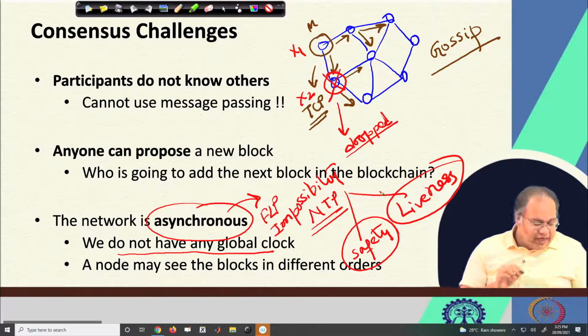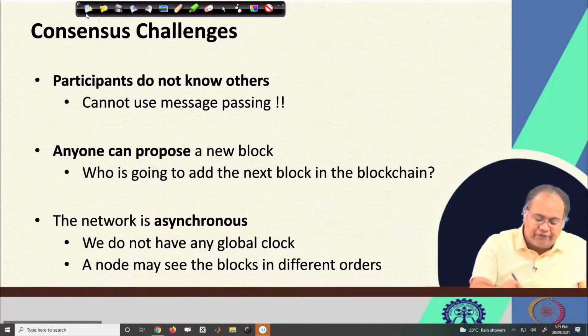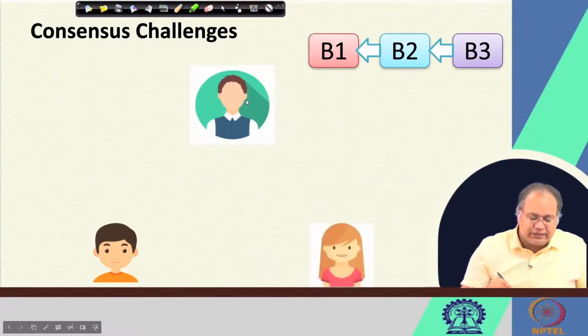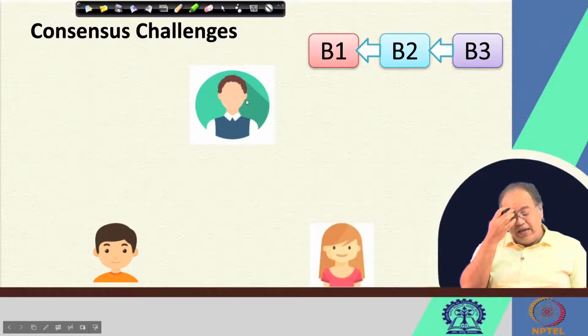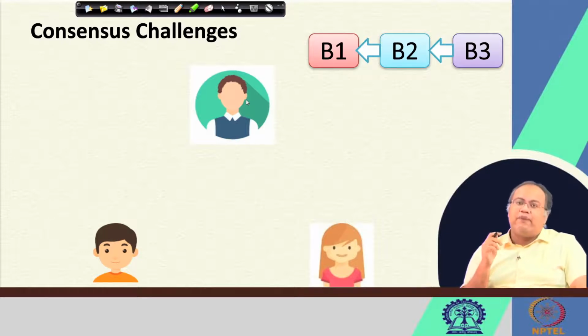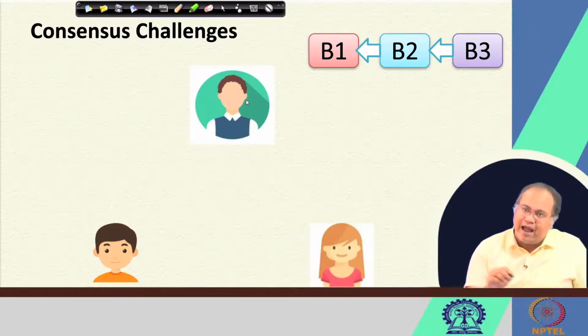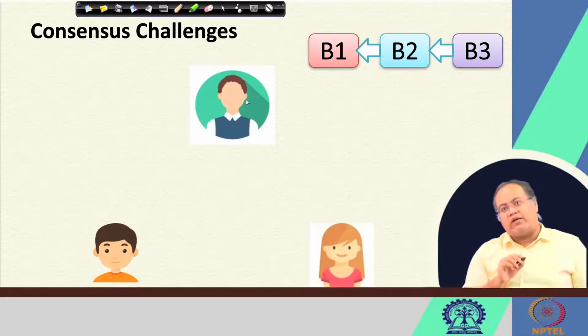These are the kinds of challenges that we have. Another interesting challenge, as I was mentioning, is that different participants can see the blocks in different order. How is this ordering important? For example, I have a blockchain, and in the global blockchain I have block 1 followed by block 2 and followed by block 3.